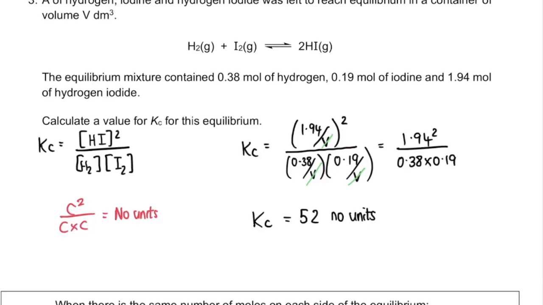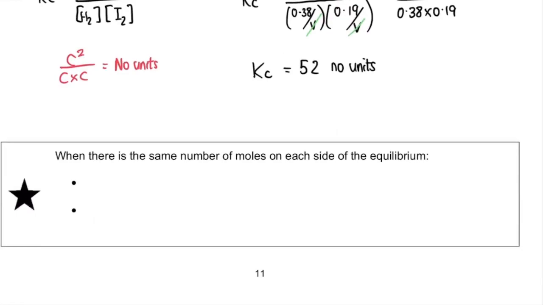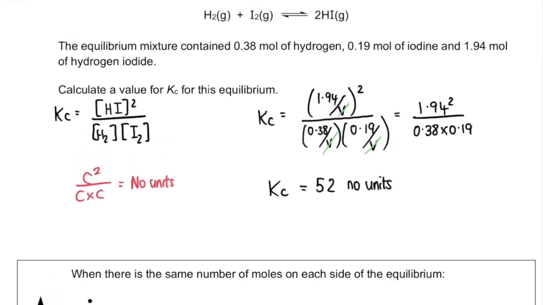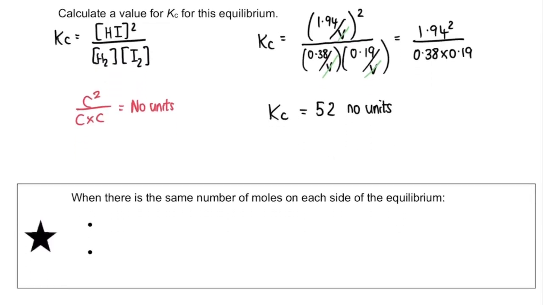That's our value. So what we can notice about this kind of example is when there are the same number of moles on each side of our equilibrium expression, so here we had 2 moles on the left and 2 moles on the right, then our volume cancels. So moles can be used to calculate Kc.